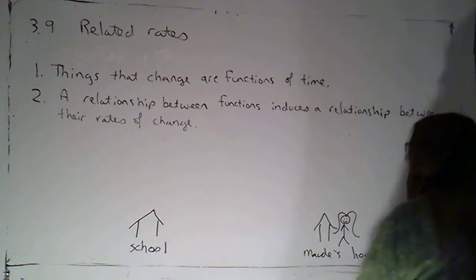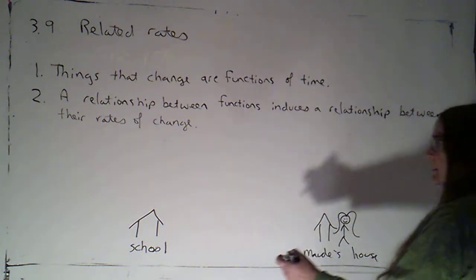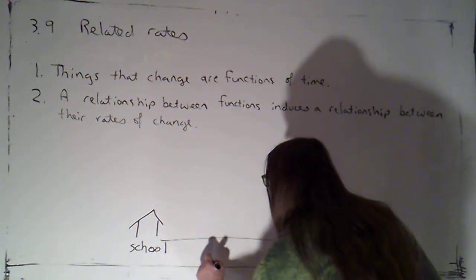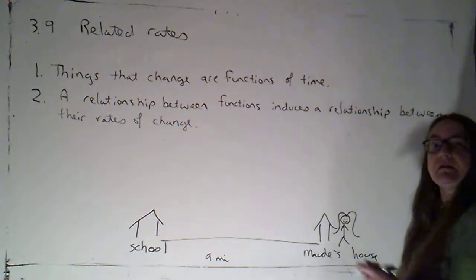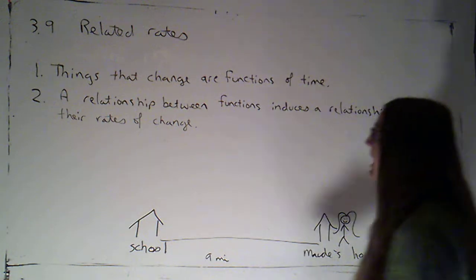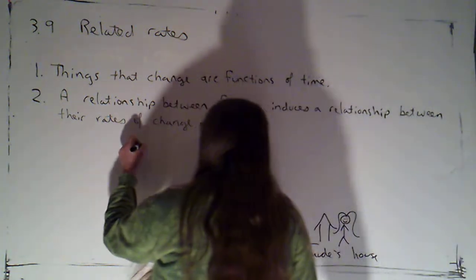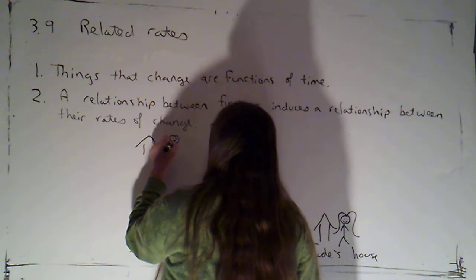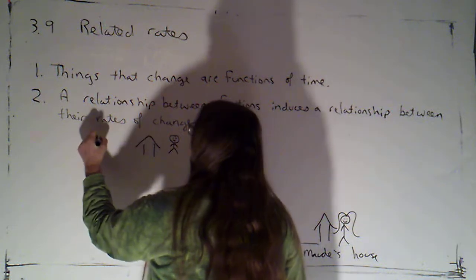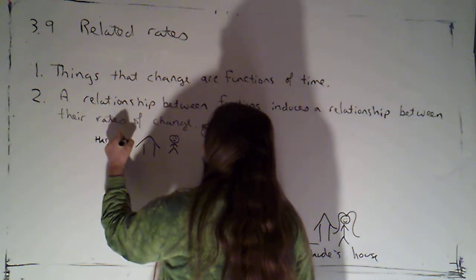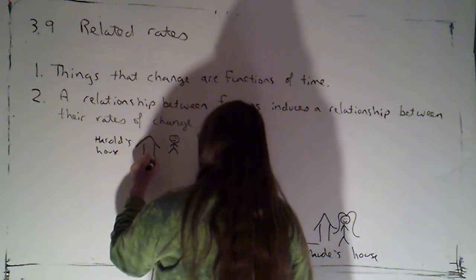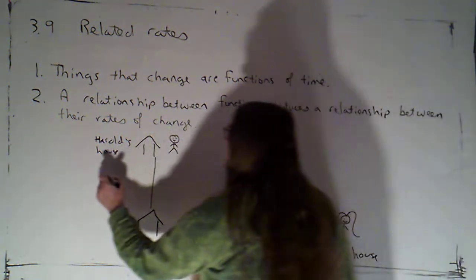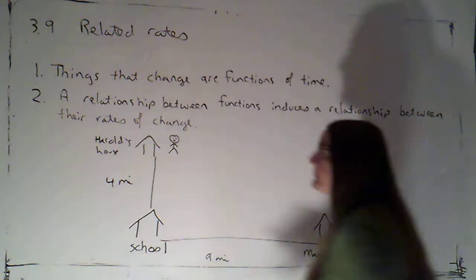Now, Maude happens to live due east of school, and she lives a total of 9 miles east of school. Okay. Now, her good friend Harold happens to live due north of school. Harold is also as tall as his house, so this is Harold's house here. And he lives due north of school a total of 4 miles.